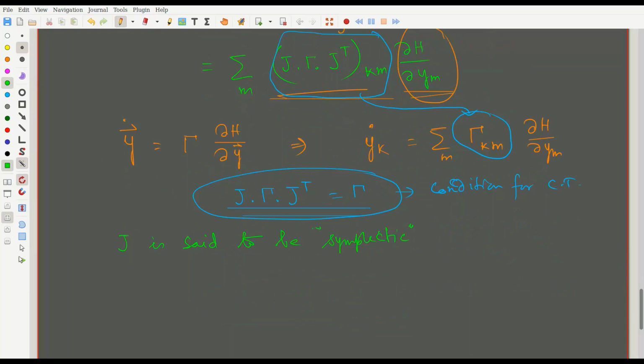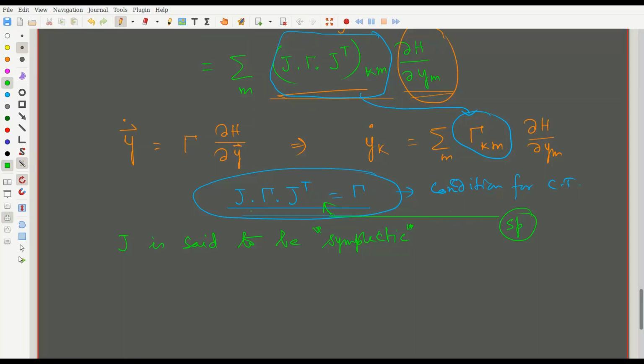In fact, in your group theory courses, there is a particular class of groups called the symplectic groups, the SP series of groups, which is related to this transformation. I don't know if you have learned about that or not. Maybe you have learned about SO groups, special orthogonal, special unitary, but there is also a group called symplectic groups.